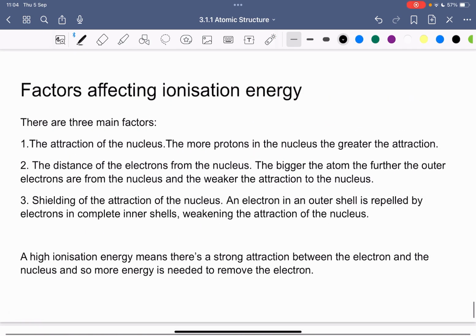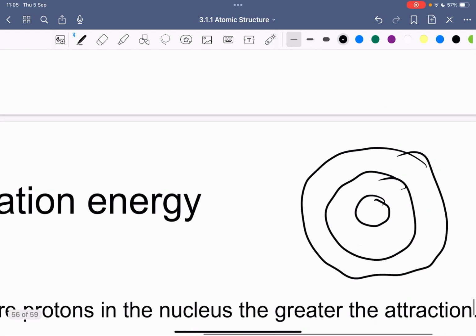Now you also need to know the factors affecting ionization energy. There are 3 main factors. This includes the attraction of the nucleus. So the more protons in the nucleus, the greater the attraction. So if we draw the atom, for example here, we have our protons and our neutrons, and then we have our electrons in the shells, 1, 2, 3.